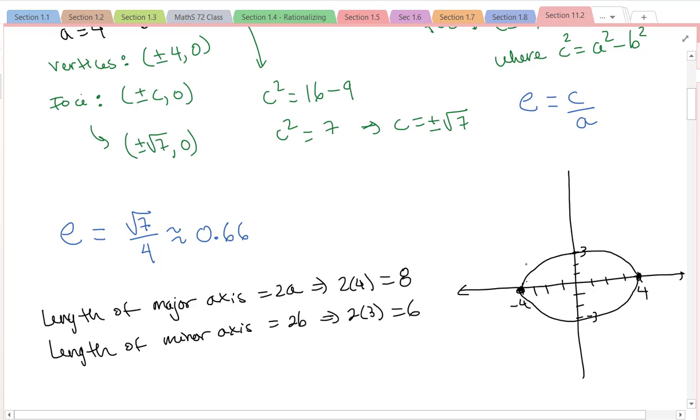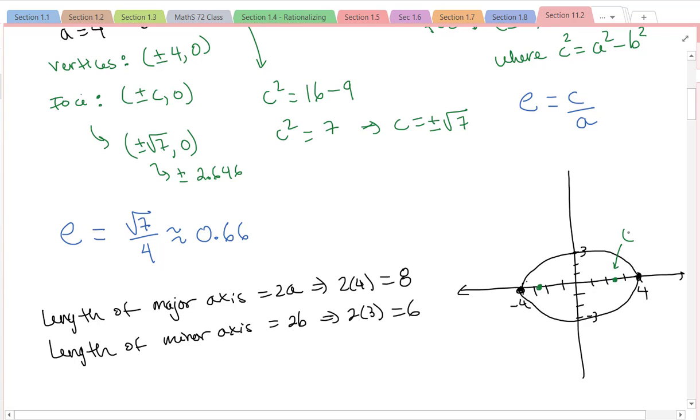And where are the foci? So the foci are plus or minus the square root of 7. In order to plot that, when you put it in a calculator, the square root of 7 is approximately 2.646. So a little bit before 3. So there's going to be the negative one, and 1, 2, 3, and there's going to be the positive one.